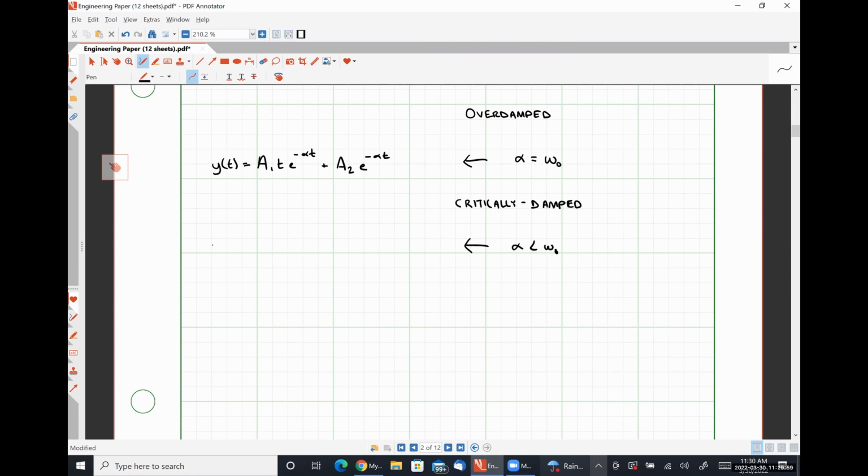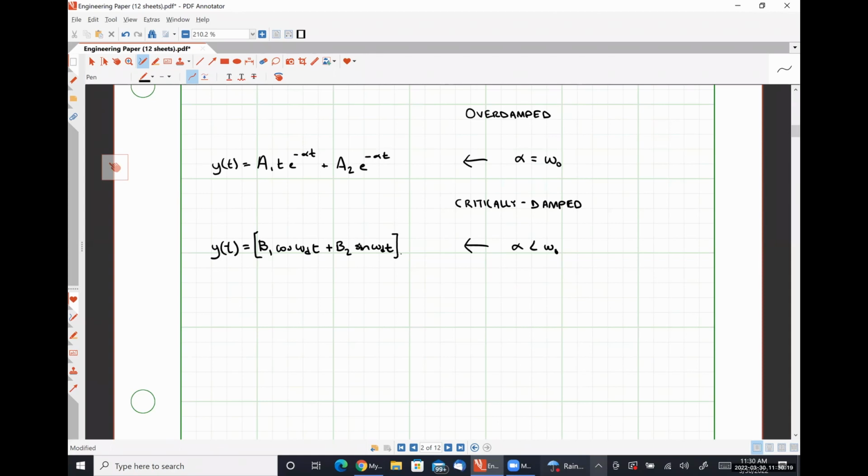And our response equation can be expressed as B1 cosine omega d t plus B2 sine omega d t.